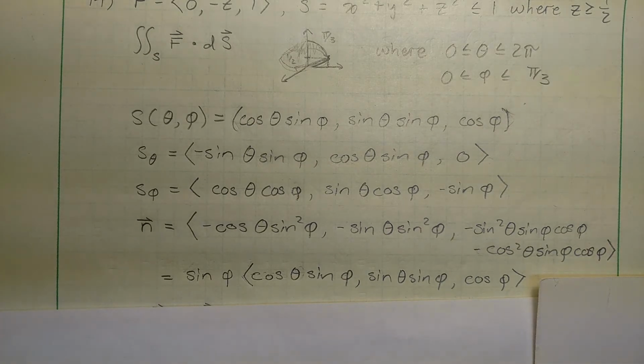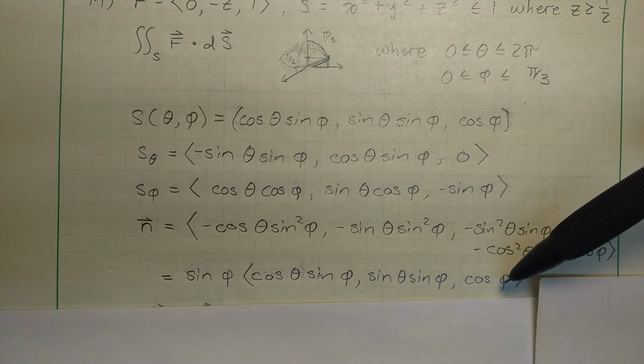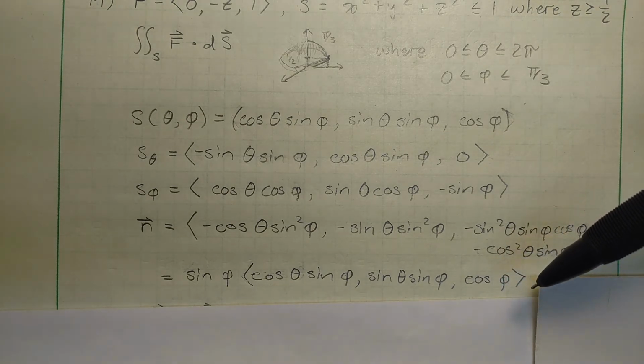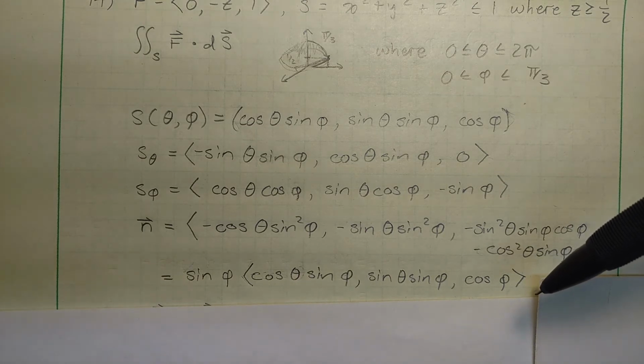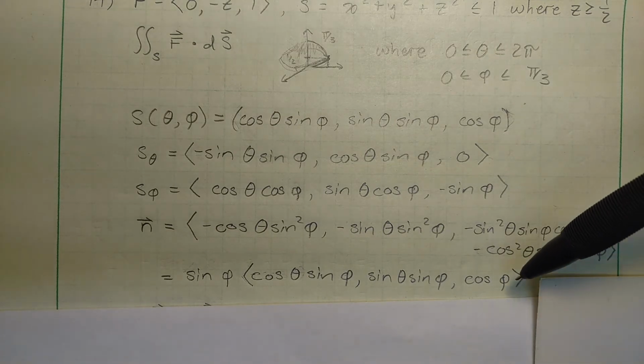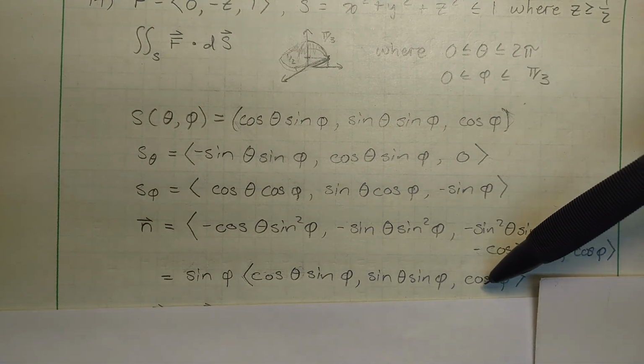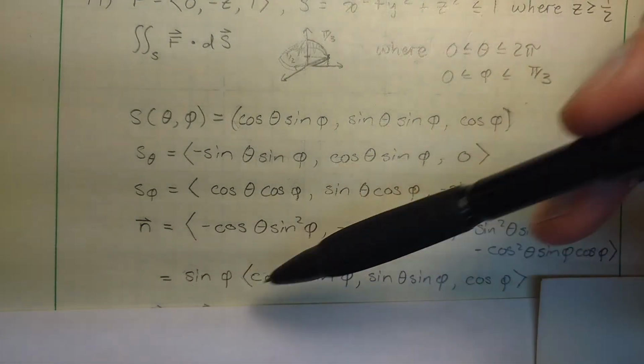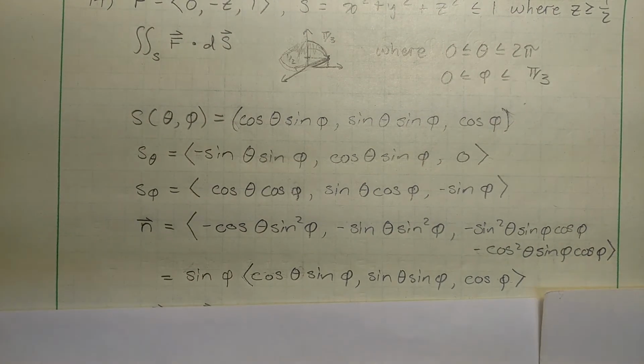I know we want an upward one, I can't see it real quick in the problem, but for this to be positive, the z direction has to be positive if it's pointing upward. So I want the one where they're all multiplied through, changing the signs of everything. That done, now I have my normal.